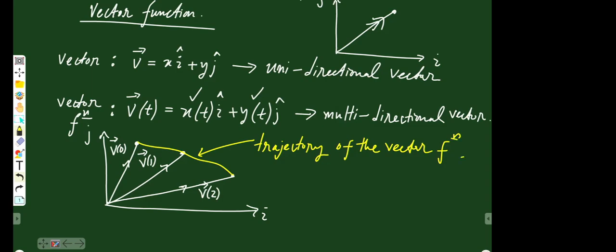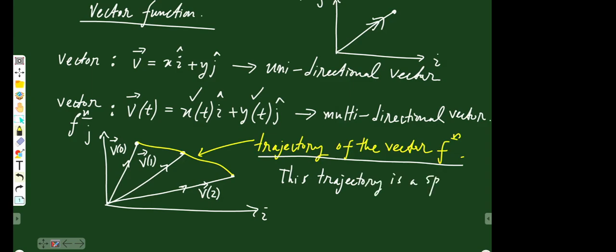Trajectory of the vector function, right? This function is a spatially dependent function. Understand this? This trajectory is a spatially dependent function.